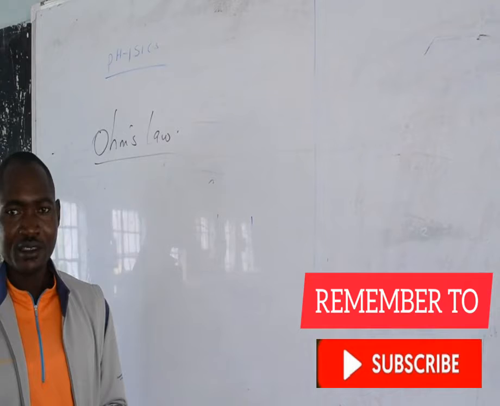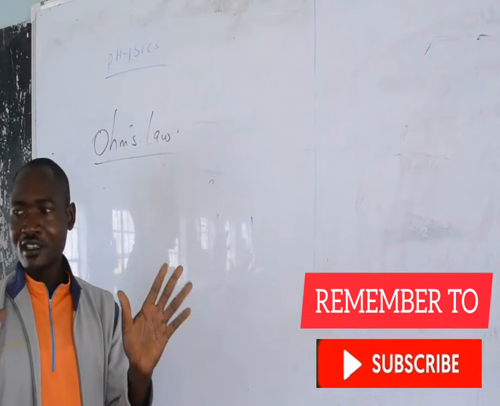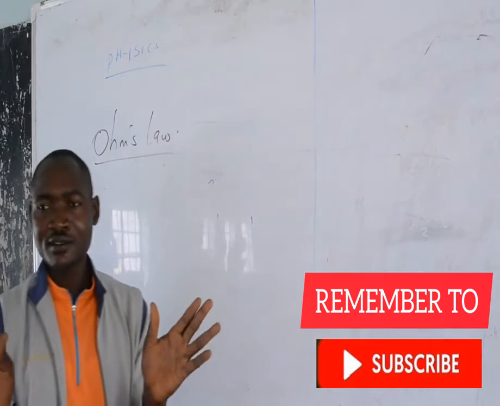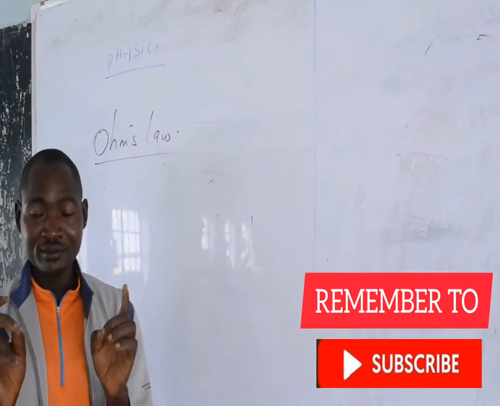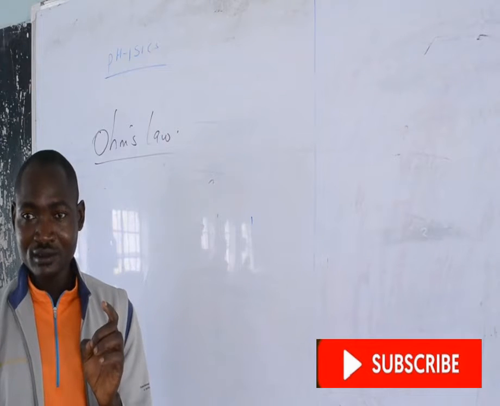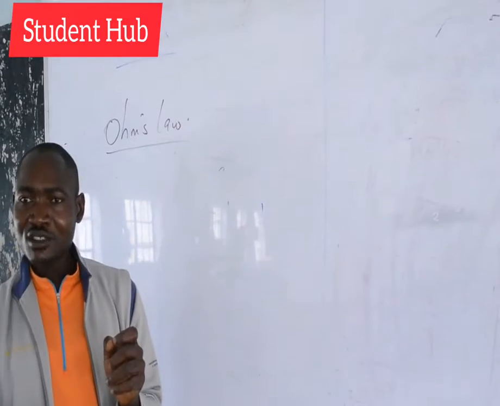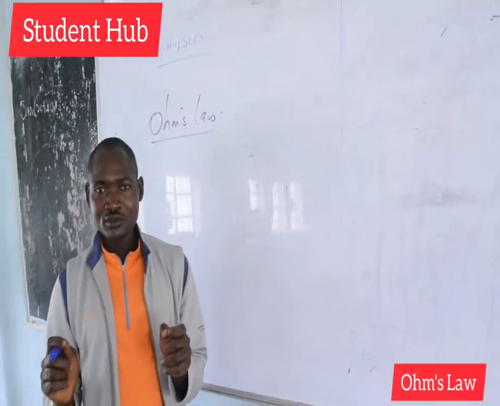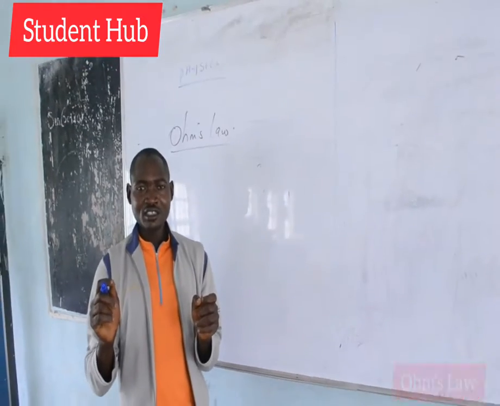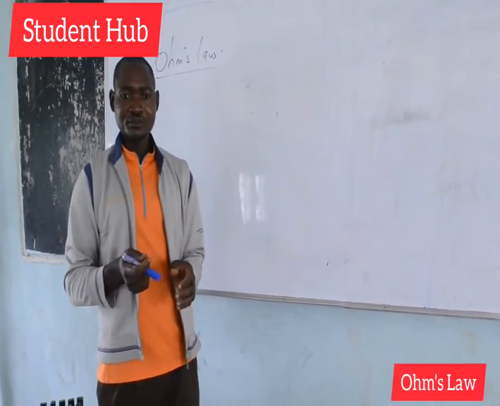Ohm's law states that provided other physical conditions such as temperature are kept constant, mark that one, are kept constant, the current passing through a metallic conductor is directly proportional to the applied voltage.